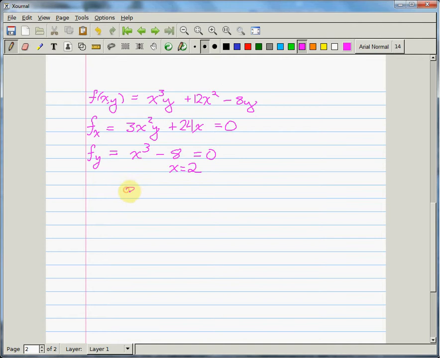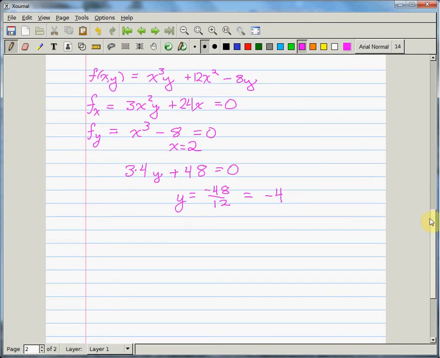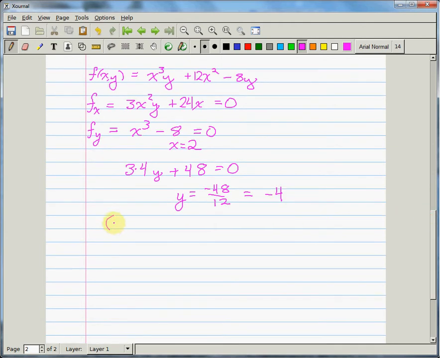This becomes 3 times 4 y plus 2 times 24 is equal to 0, and that means y is equal to minus 48 divided by 12, and so that is minus 4. So we have exactly one critical point for this function, and that's the point 2 comma negative 4.